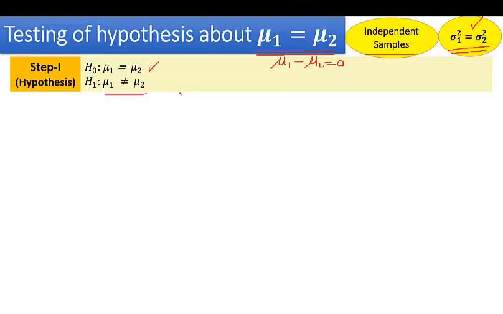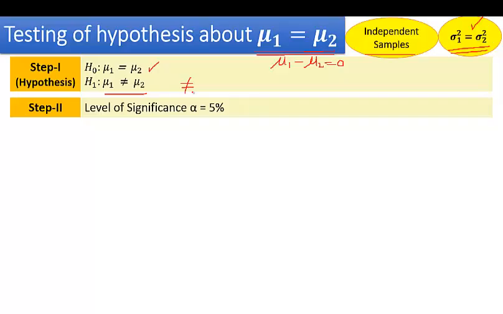These two hypotheses, H0 and H1, are exactly complements of each other. And this is a two-tailed test, since the alternate hypothesis contains the sign not equal to. Based on this sign, we will determine which type of test it is. So in this case, it is a two-tailed test.